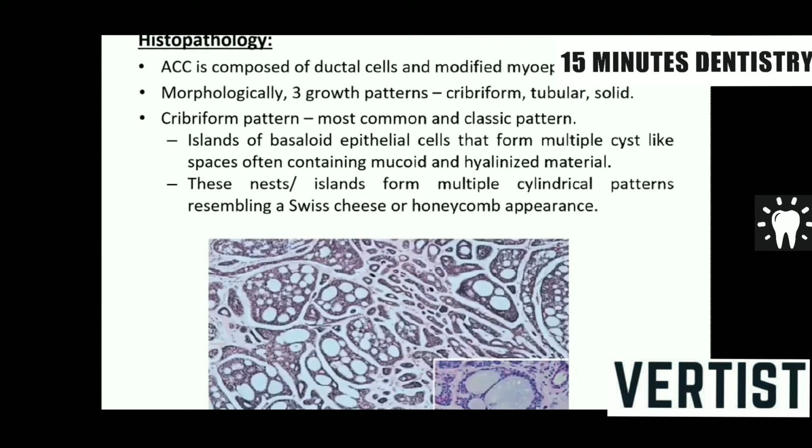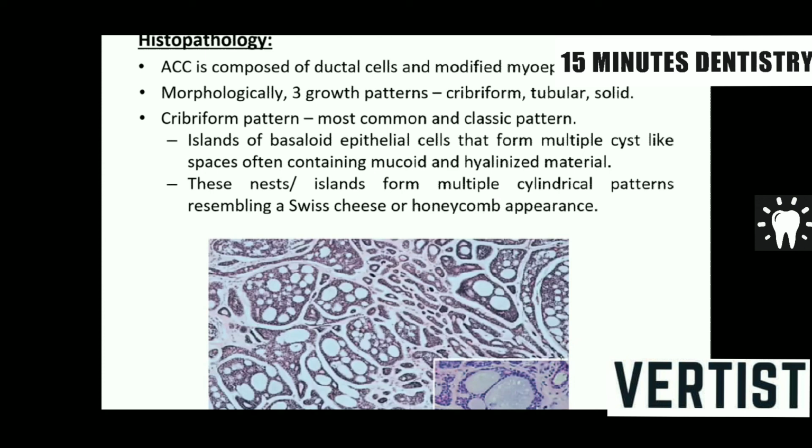Histopathologically, as you can see in the picture, ACC is composed of ductal cells and modified myoepithelial cells. Morphologically, there are three growth patterns: cribriform, tubular, and solid. Cribriform is the most common and classic pattern. It shows islands of basaloid epithelial cells that form multiple cyst-like spaces containing mucoid material, hyalinized material. You can see these cyst-like spaces in the picture below, which gives the cribriform pattern.